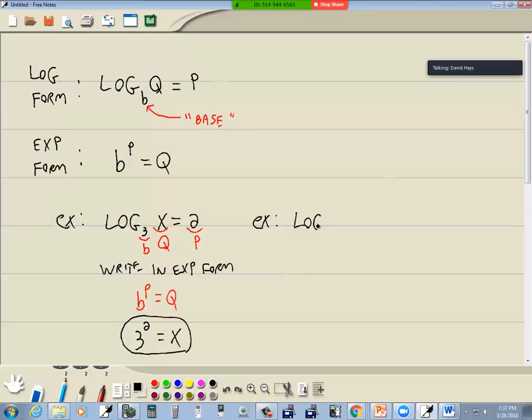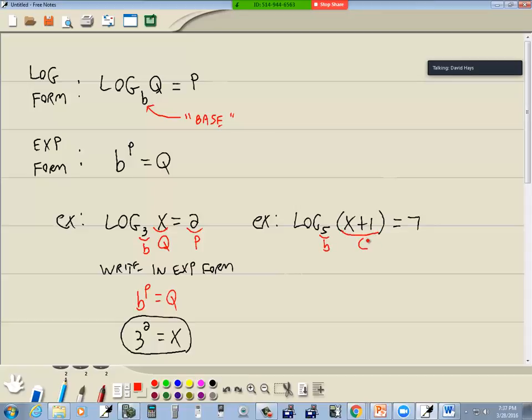Now let's look at one more, and then we'll look at a problem going the other direction. Okay, we have this right here. Same instruction: we want to write in exponential form. Well, if I match it up against my log form, the number that follows your log that's smaller and set down is going to be your b. So this will be b.